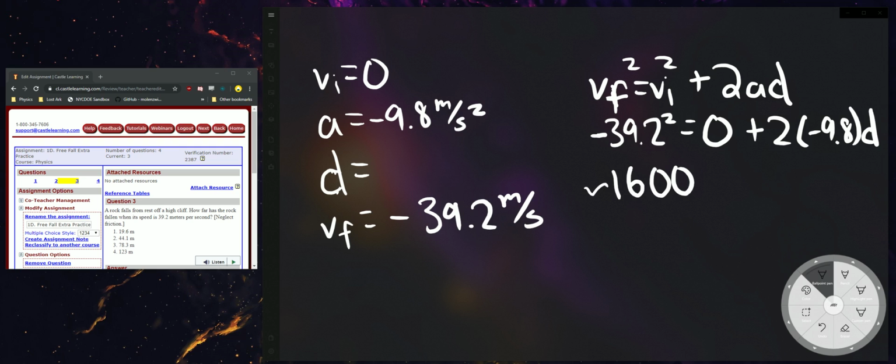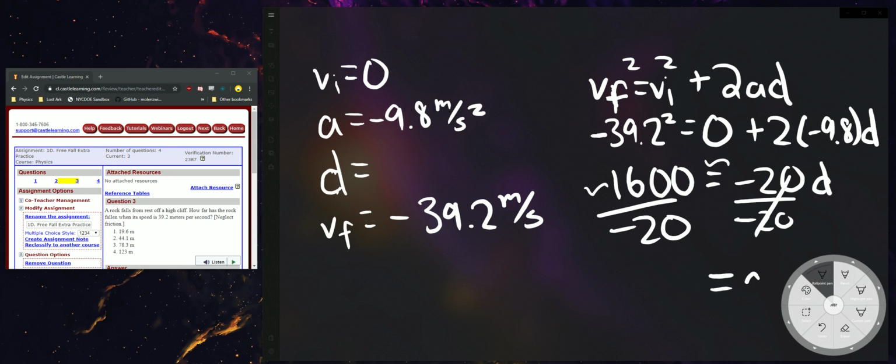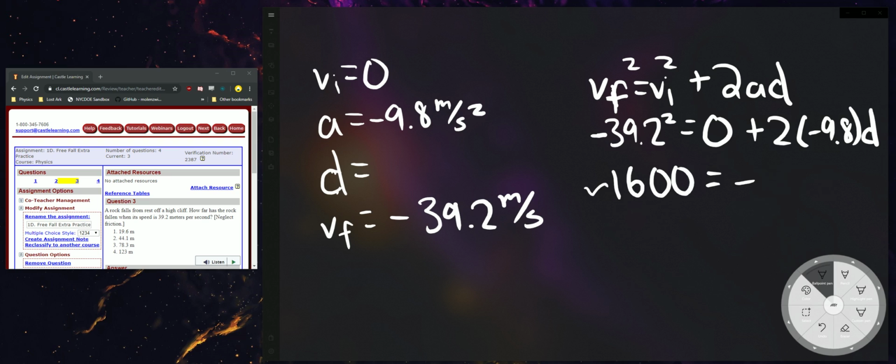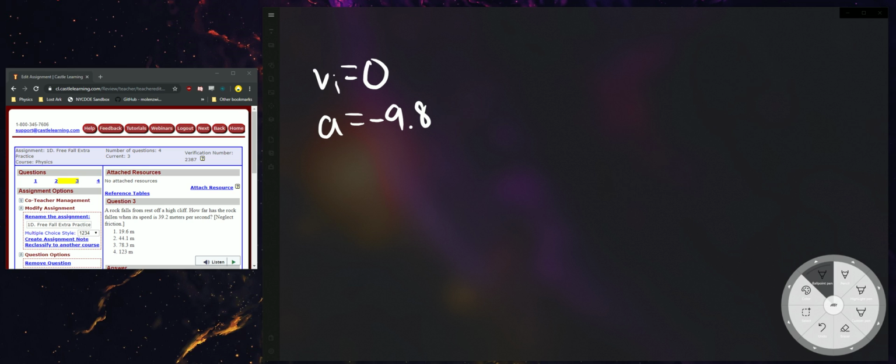So around 1600. And then you get negative 20 d, and again, I'm rounding it. Divided by negative 20, divided by negative 20. So your displacement should be around negative 80 meters. All right, so the answer is number 3. Yep, the answer is 3.